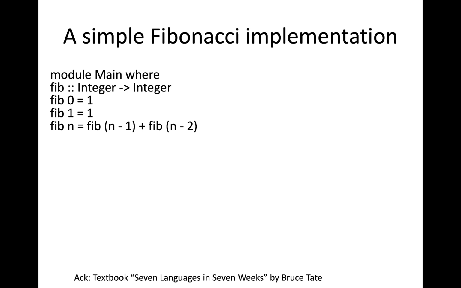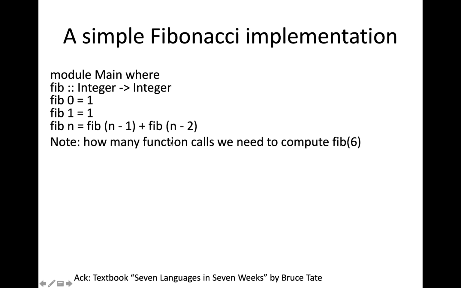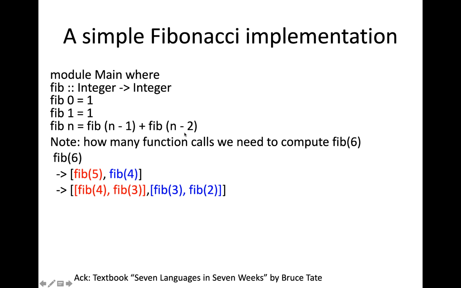This looks okay, but a problem is there are too many function calls in this implementation. Just to compute fib 6, this sort of calls will happen, right? We'll call fib 5 and then fib 4, then fib 5 will in turn call fib 4, fib 3, fib 4 will call fib 3, fib 2, and so on.